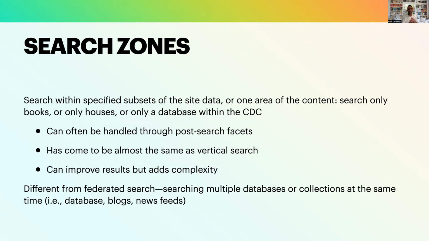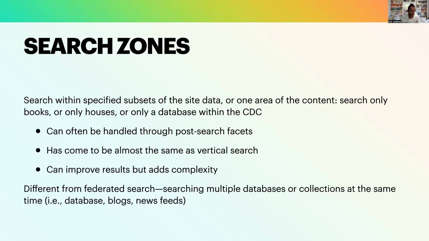Search zones are subsets of the website, product, or information that you have. Let's say you have a search that searches only a specific type of products, or a search that looks into only a specific section of the website.